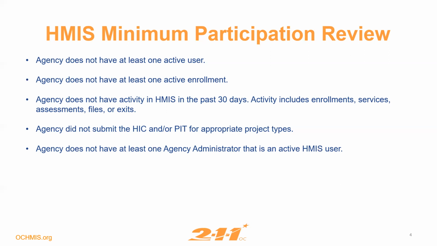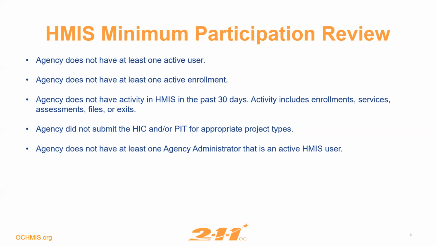So this list is what would need to occur for an agency to be put on a performance improvement plan, or something that they have to fix in order to continue participating in HMIS. So the agency does not have at least 1 active user. They do not have at least 1 active enrollment.